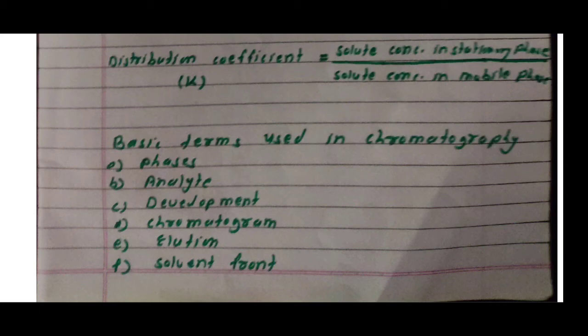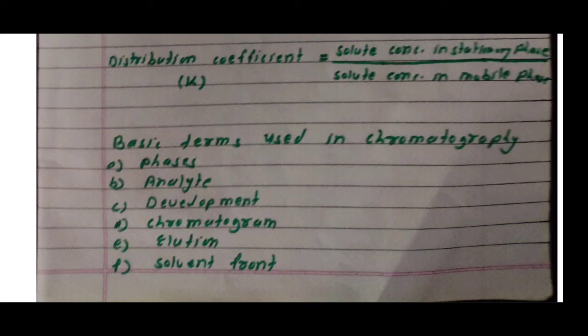Then the first term I am explaining here, phases. Two distinguishable phases are used. One remains fixed or stationary and acts as a sorbent and is called the stationary phase. It can be solid or liquid, held to some solid support called matrix.